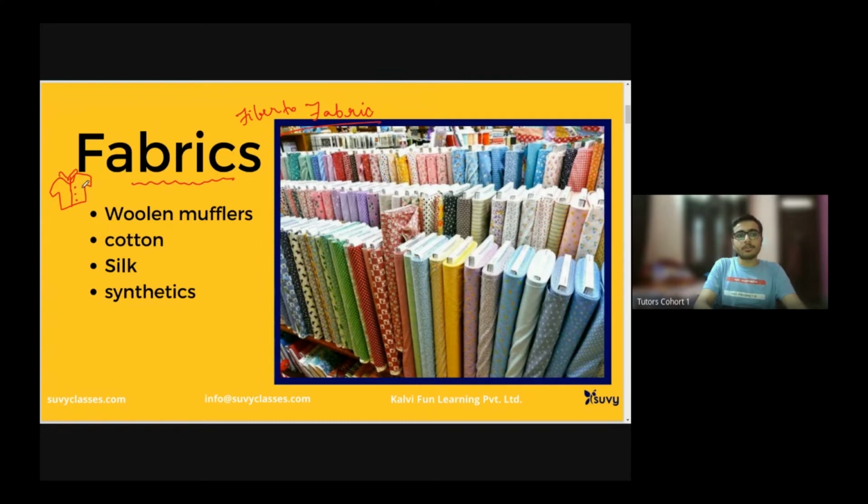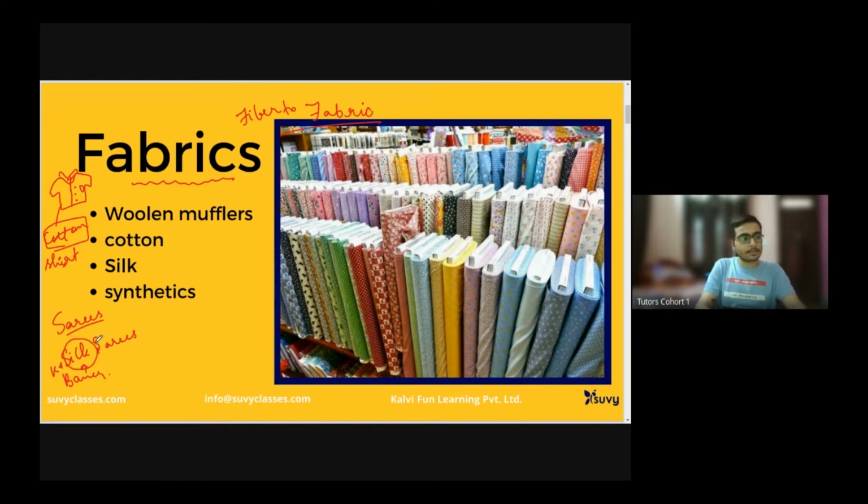I got a shirt today from the market. It's a cotton shirt. Have you heard it? Your moms would get saris from the market. They may be silk saris, Kanchipuram silk or Banarasi silk. There are numerous varieties of silk.